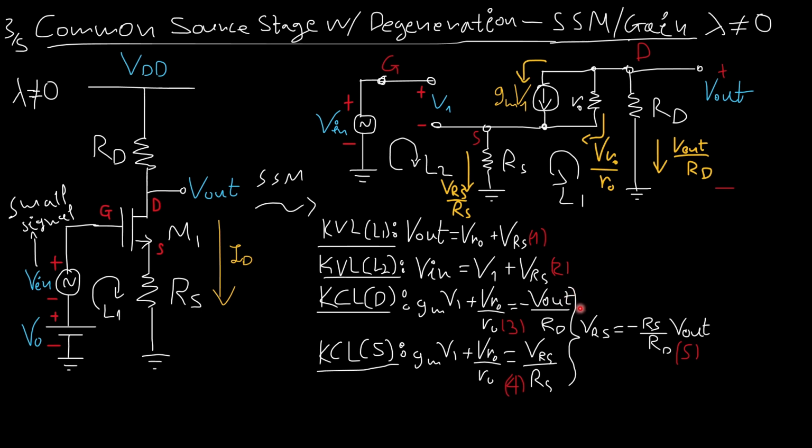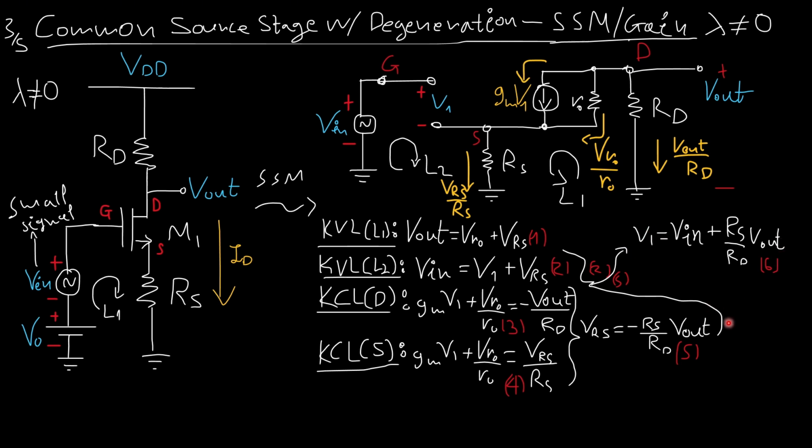If I try to eliminate here the V1, I'll get that VRS must be equal to minus RS over RD times Vout. This is very useful for me because now I can go inside the equation that was derived in KVL on L2, and I can replace VRS and get a relationship between V1 and Vout.